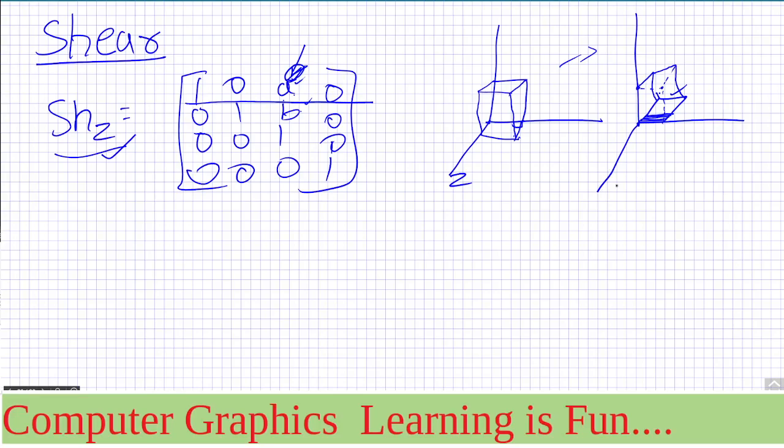Something like this. Whatever was lying on this axis, all these coordinates' x and y values will change according to the values of z, how much value it is having, right?